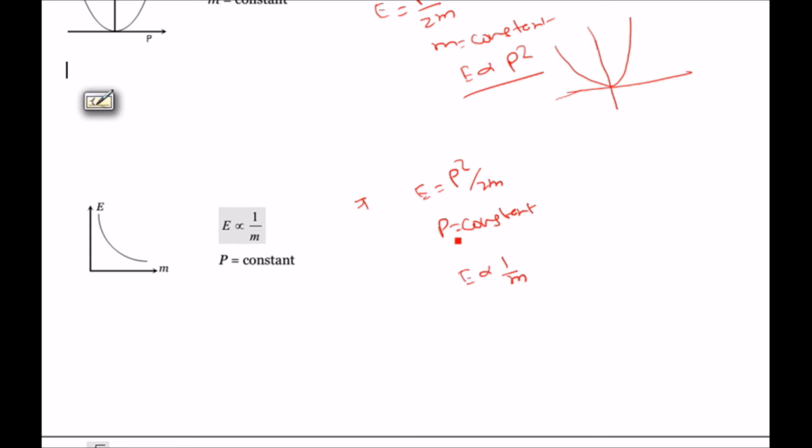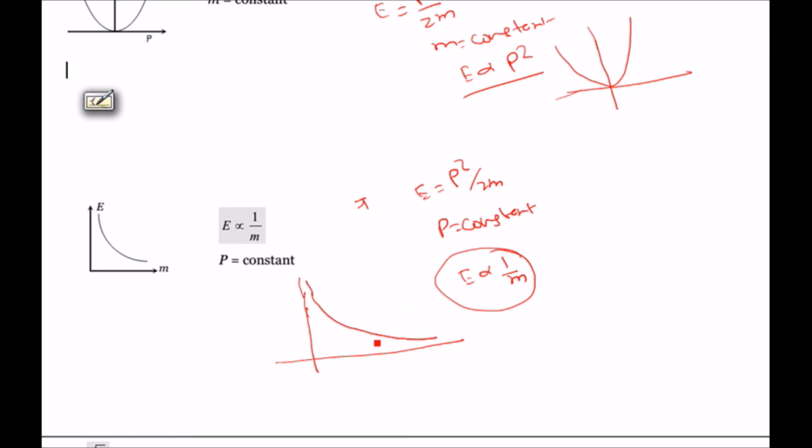That means for a constant momentum, the lighter body has a higher kinetic energy, and this graph is called a rectangular hyperbola. If for constant momentum we reduce the mass, then the energy will increase too much.